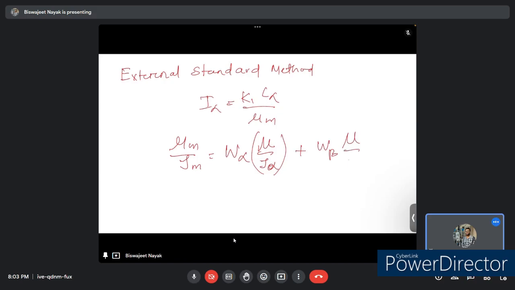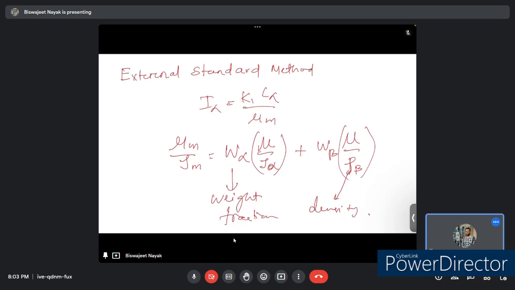As I have told, we have a mixture of two phases, alpha and beta, so we are distributing it accordingly. Well, let's consider a unit volume of the mixture.